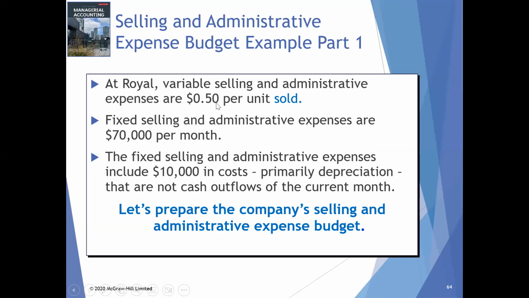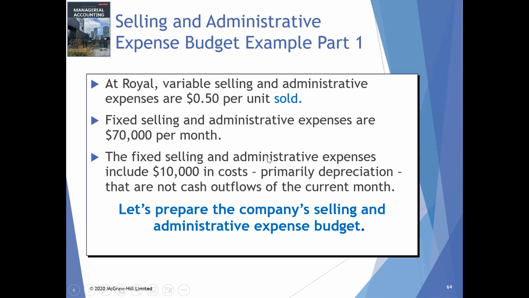Okay, so two figures that we have here. The fixed selling and administrative expenses include 10,000 cost, primarily depreciation, that is not a cash outflow of the current month, meaning depreciation will be deducted.